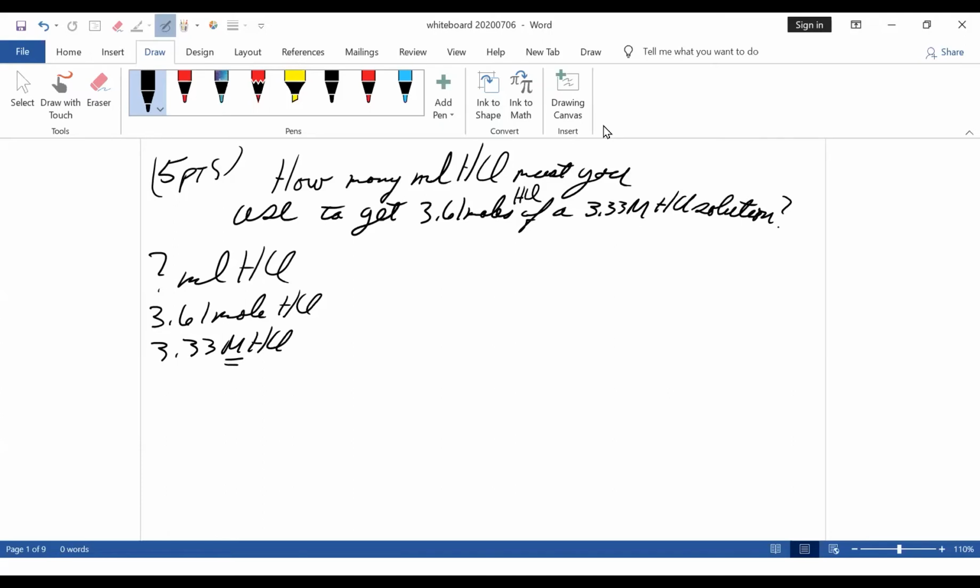As soon as you see capital M, you know that's molarity, and molarity is 3.33, whatever your number, moles, in this case, HCl, per 1,000 milliliters. You can do a liter, but I always give my problems in milliliters, so you'd have to convert. This way it's easier. So the only thing we have to start with is this.